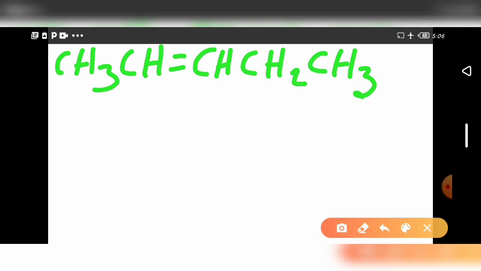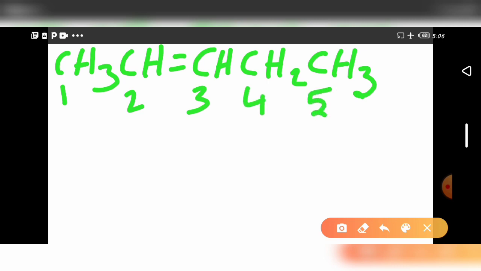Here the double bond is the functional group. So you have to decide from which side to number: the end nearer to the functional group. From left to right, not from right to left. So you number from here 1, 2, 3, 4th carbon and 5th carbon.